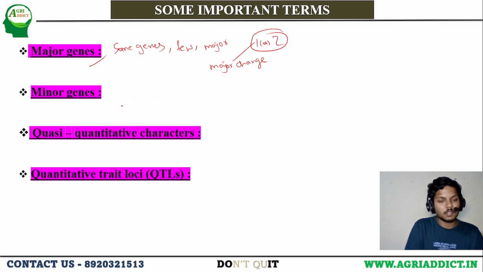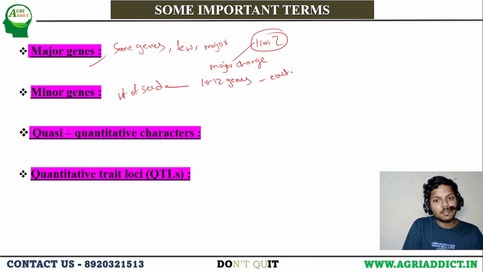Whereas minor genes means, let us take a quantitative character like weight of the seed. It is controlled by, for example, many genes like 10 to 12 genes. Then each gene will show low effect or small effect.